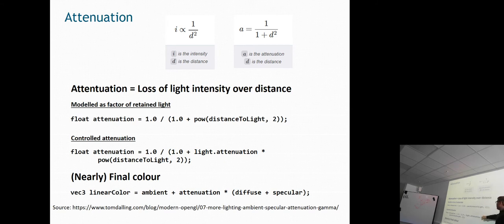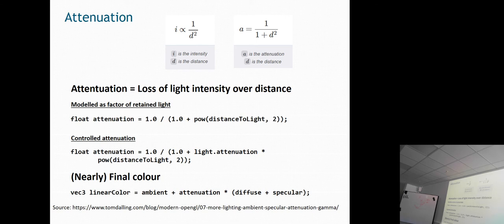And if you want to control the attenuation, for example to have varying brightness levels for objects that have a relationship to the distance, but you want to control the extent of the decay, then you can also introduce some factors to do that.